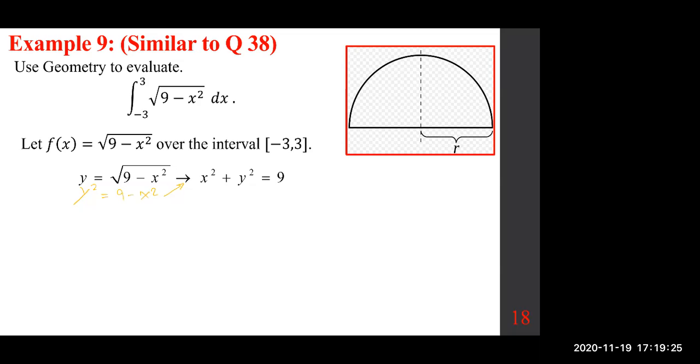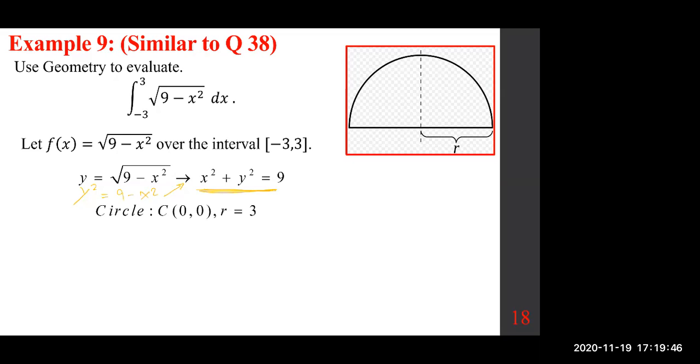And that is what? x squared plus y squared equals 9, a circle centered at 0, 0 with the radius 3. This one is a circle centered at 0, 0 with the radius 3.